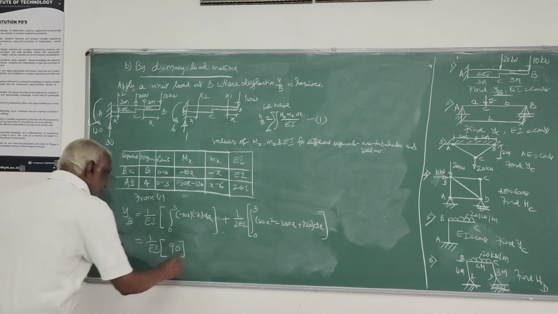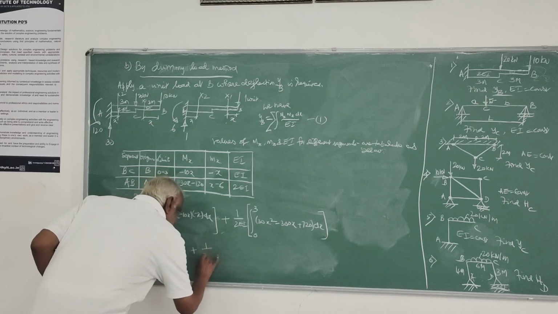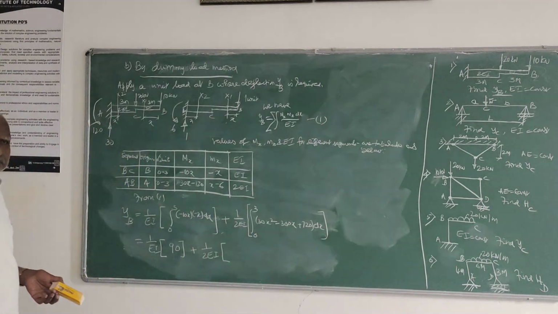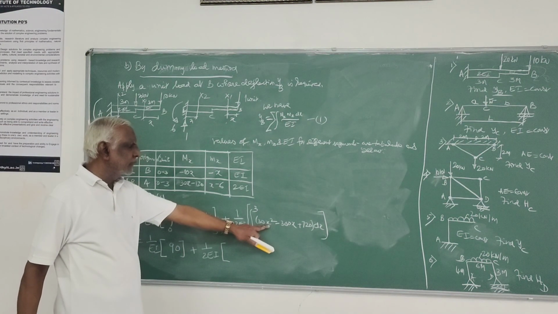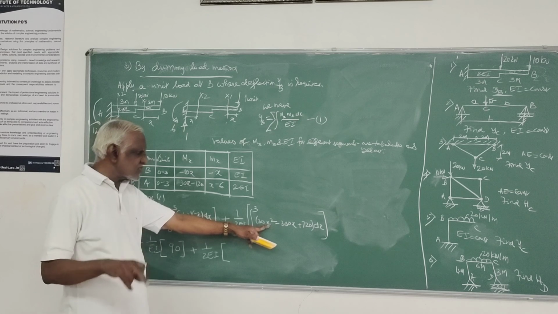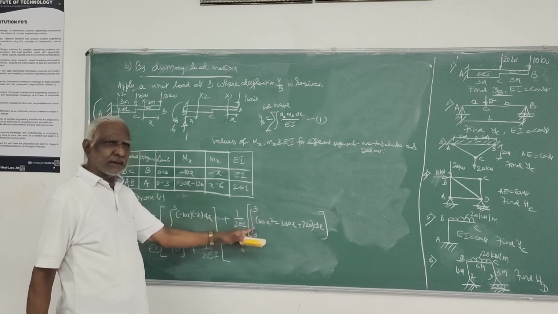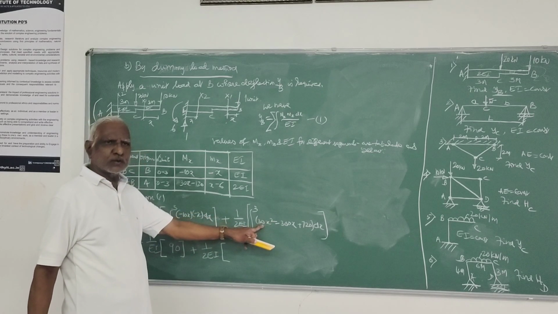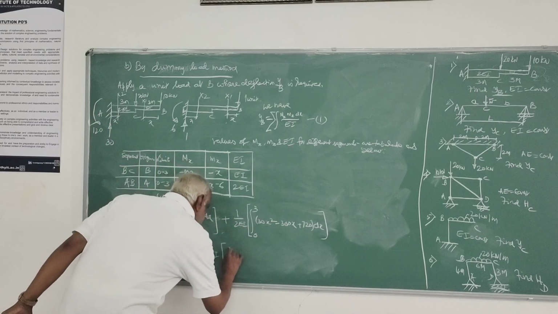Then plus 1 over 2EI into 30 times integral x squared dx. Integral x squared dx is x cubed by 3. If I put the upper and lower limits, it is 3 cubed by 3, it is 9. 9 into 30, that is 270.